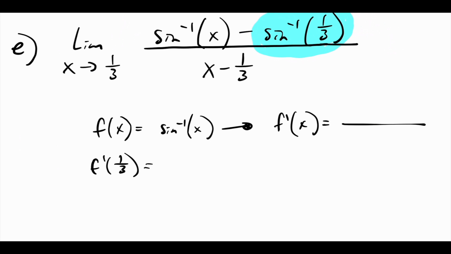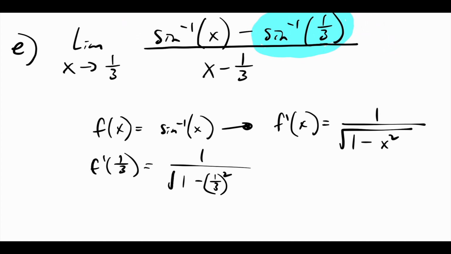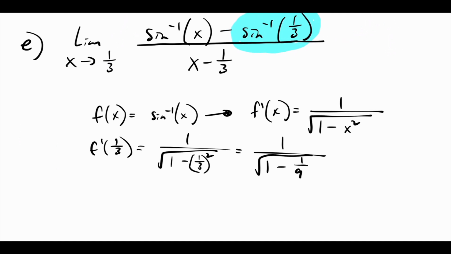So arc sine or inverse sine says the derivative of u goes on top. Well, what's the derivative of x? 1. Over square root of 1 minus u squared. Okay. Now plug in 1/3. One minus 1/9 square root. 1 minus 1/9 is 8/9.